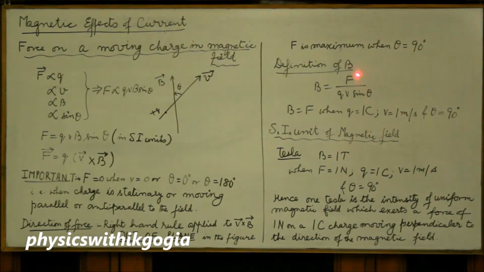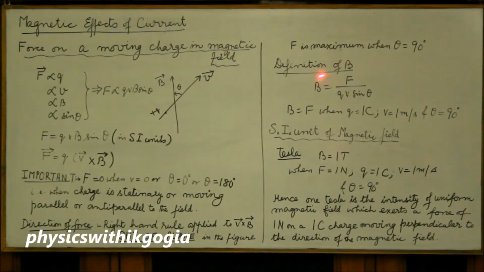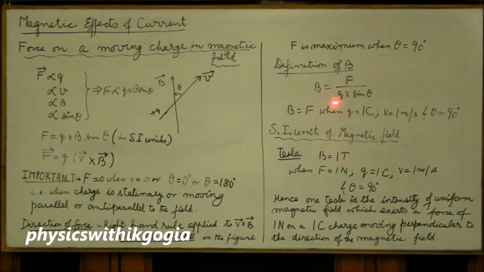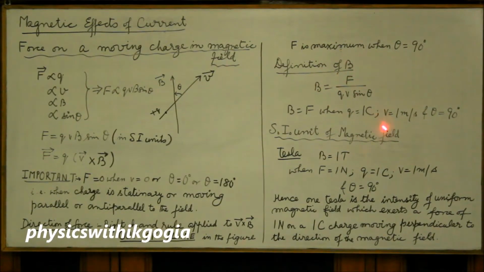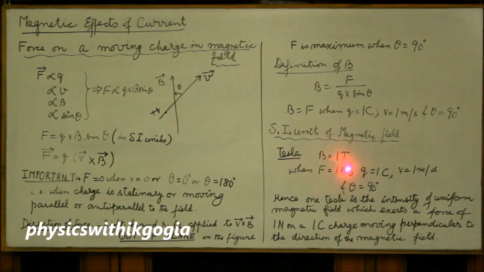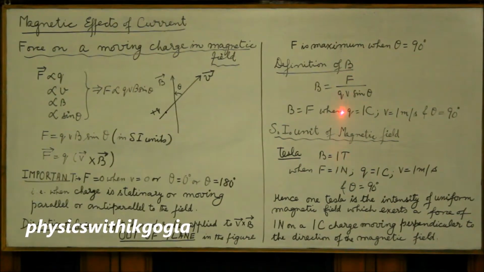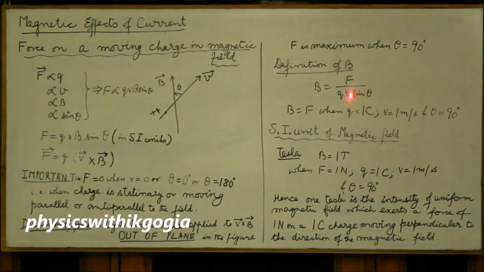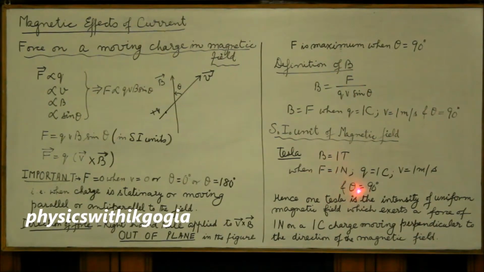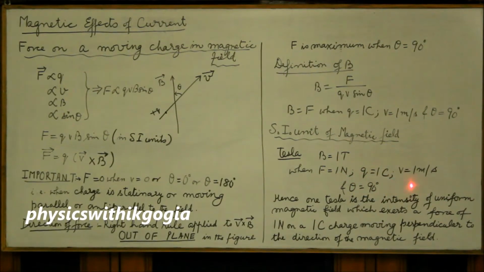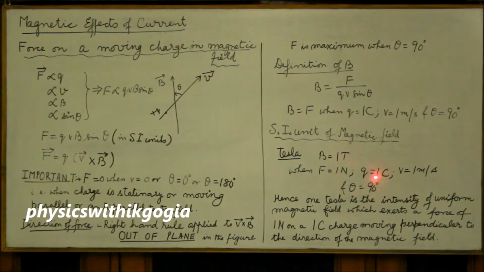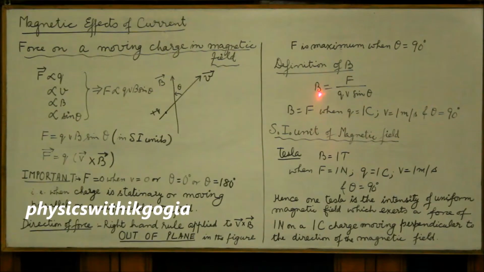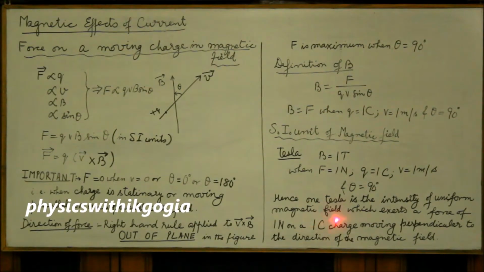You can also define the SI unit of magnetic field intensity from this relation. The SI unit is 1 Tesla, which will be 1 Newton over 1 coulomb 1 meter per second when theta is 90 degrees. So when F is 1 Newton, Q is 1 coulomb, V is 1 meter per second and theta is 90, the field intensity is said to be 1 Tesla.